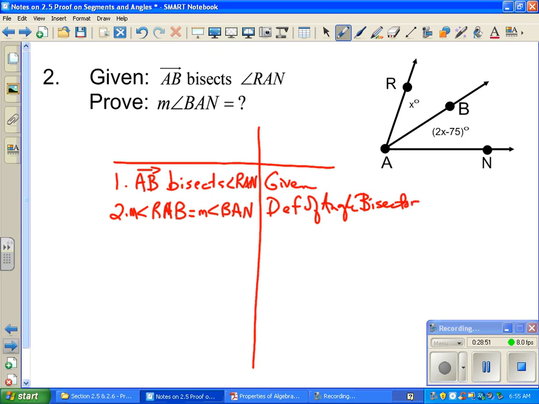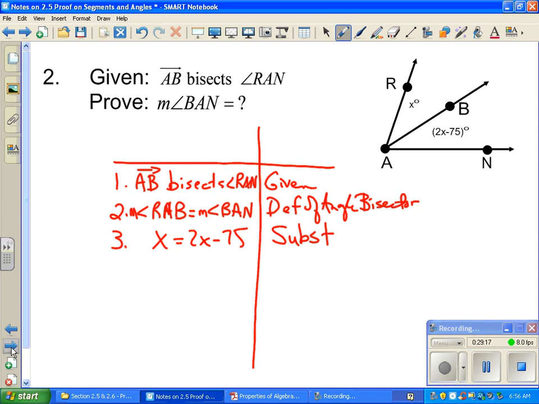So then, once you set up your equation of angle bisector, then you're looking at filling it in. So x equals 2x minus 75 is our equation, and we've just substituted in our expressions for RAB and BAN. Now, let's look at our solving.